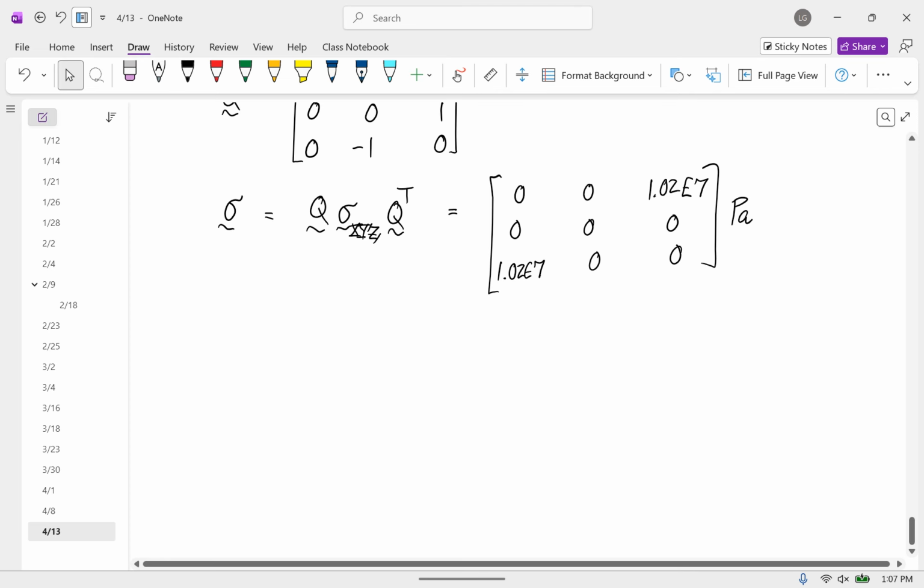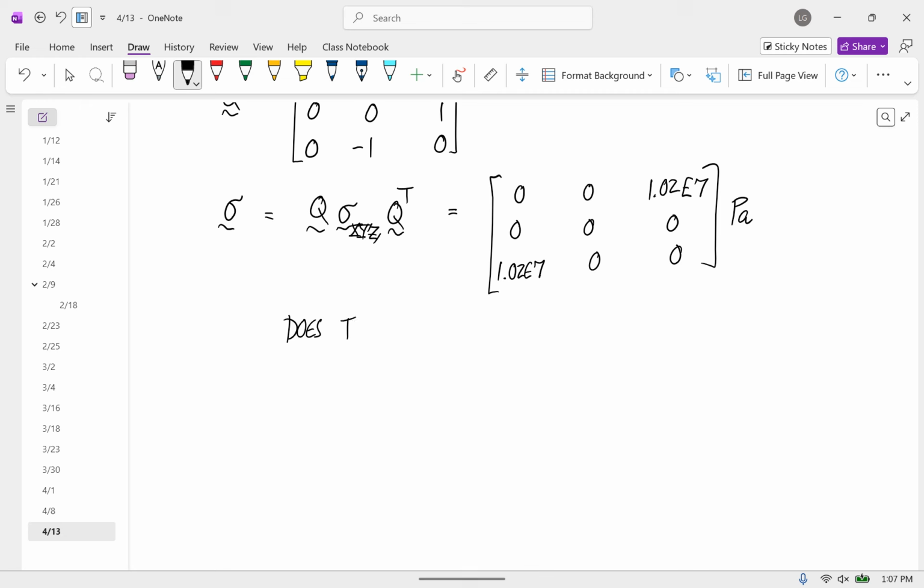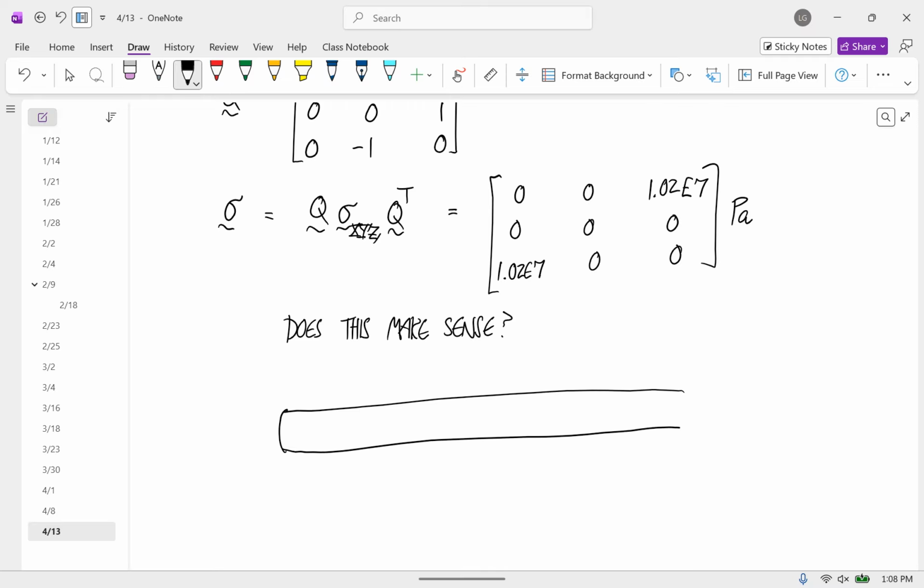thinking about what's going on. Okay, so let's think. Does this make sense? Well, let's think about this beam from the top. So this time our coordinate system, x is going this way, y is coming out towards us, and z is going down. Okay?